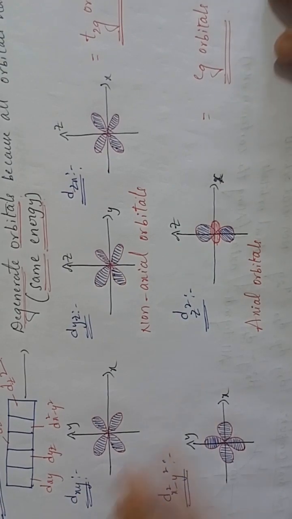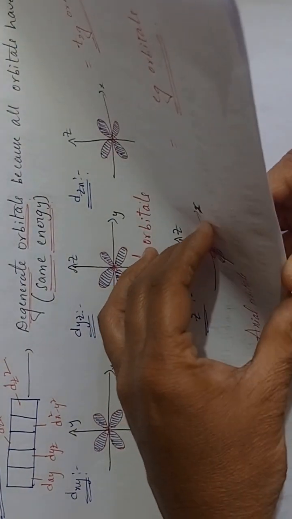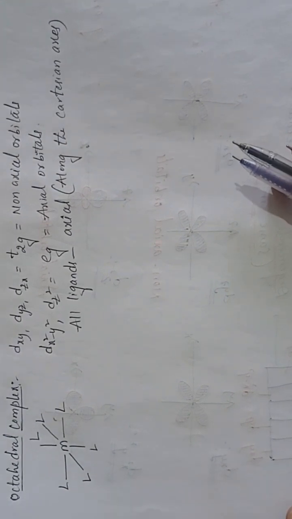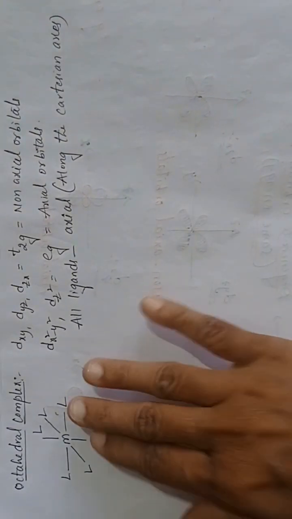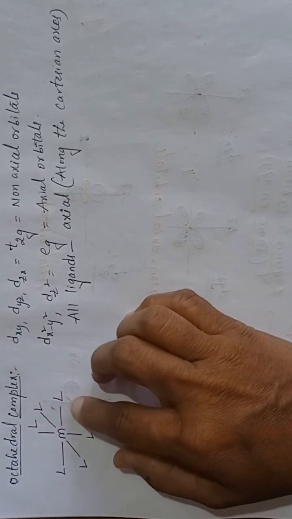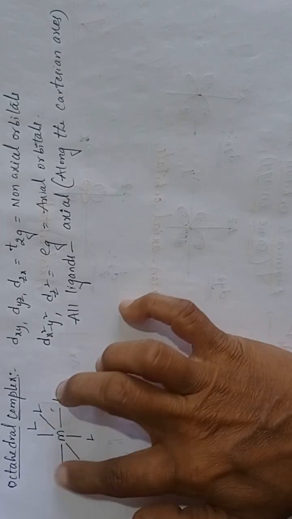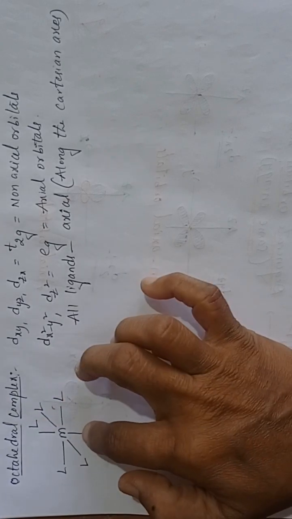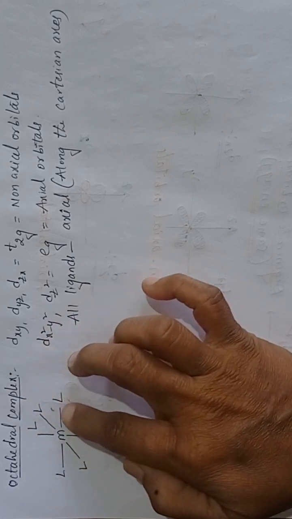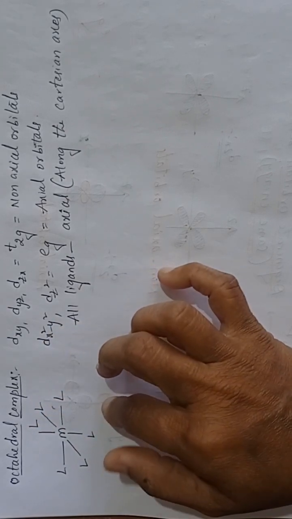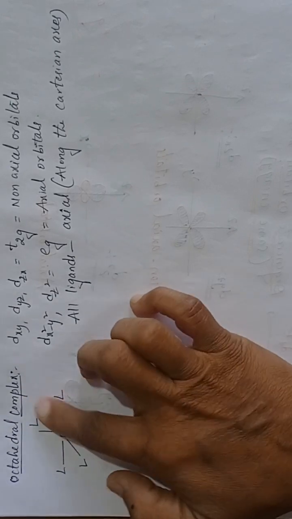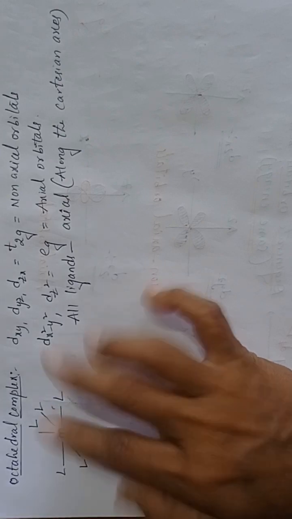Now, students, I am going to discuss the splitting. This is the octahedral complex, and we are discussing the splitting of d orbitals in it. A total of 6 ligands are present around the central metal atom. These 6 ligands are placed along the Cartesian axes: this is the x-axis, this is the y-axis, this is the z-axis.